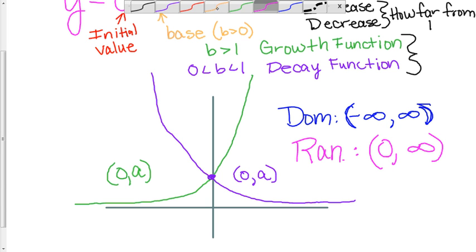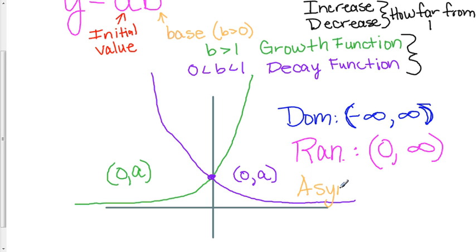And because it is greater than 0, then we have an asymptote. And that asymptote is located at the x-axis, or y equals 0.